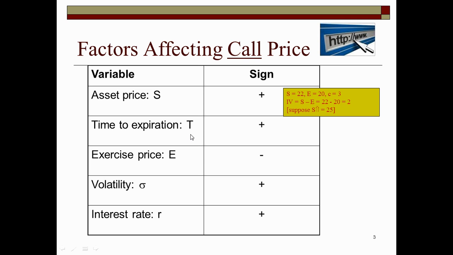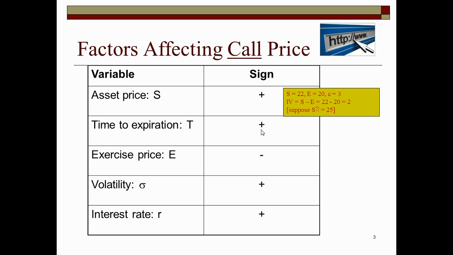The next variable here, expiration time, also has a positive impact on the value of a call, in that the longer the time to expiration of an option, the more valuable an option is, all things equal.